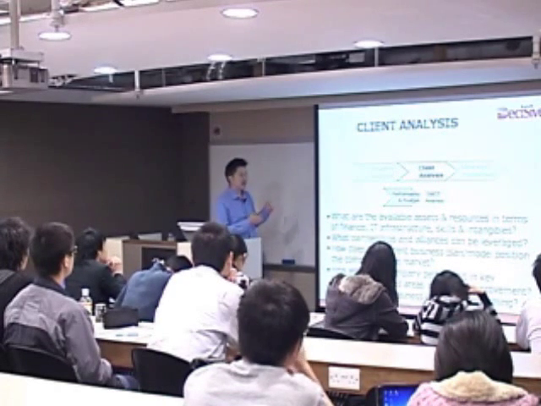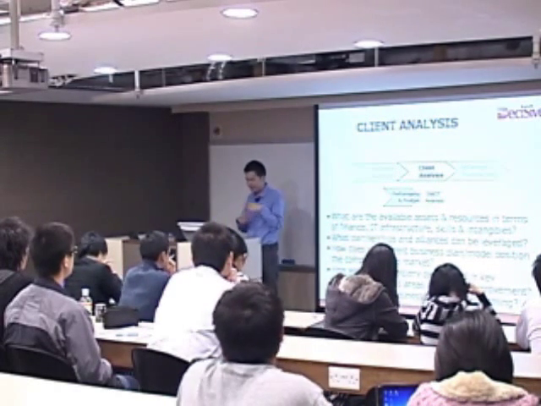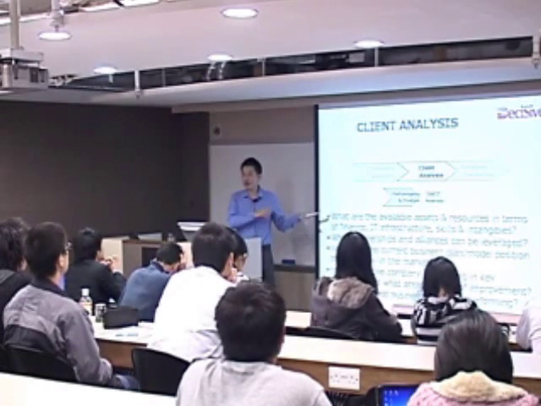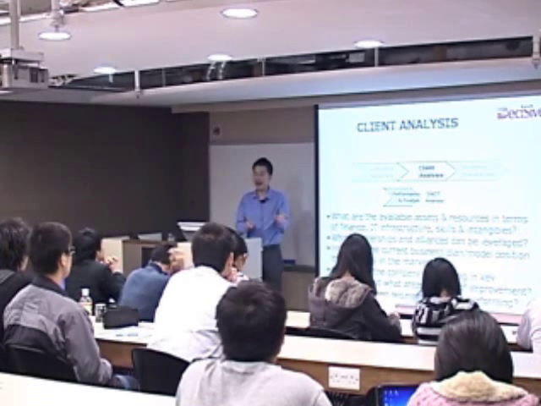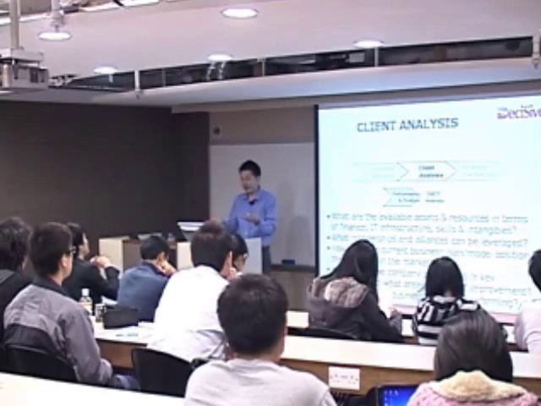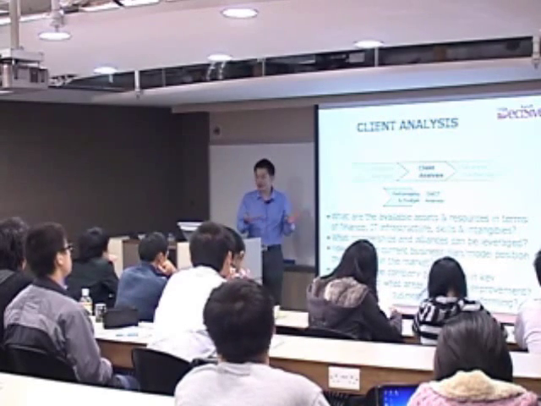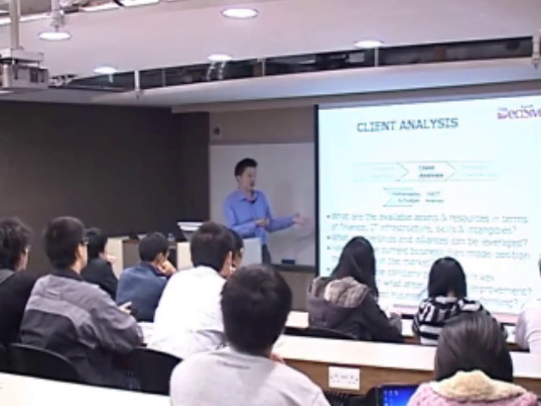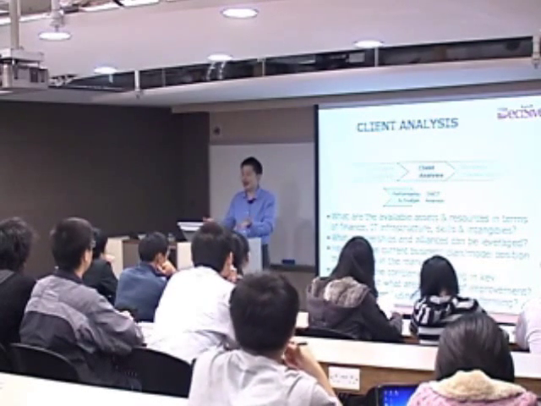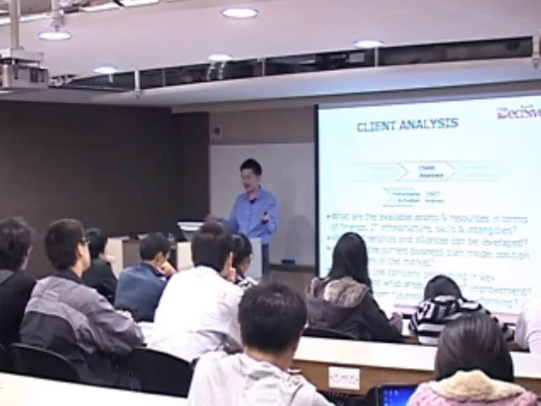Okay, client analysis. So, in terms of the performance and position, do you have the right resources and assets to actually execute? So what are they? In terms of IT infrastructure or skills, or are there any intangible assets like IP patents that you can have?